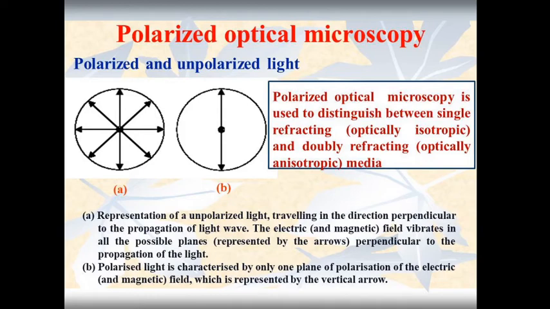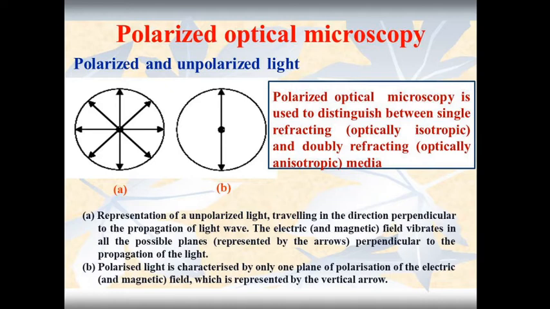Polarized optical microscopy is used to distinguish between optically isotropic materials, in which the physical properties are the same throughout the medium, and doubly refracting media, in which the properties are different in different directions.